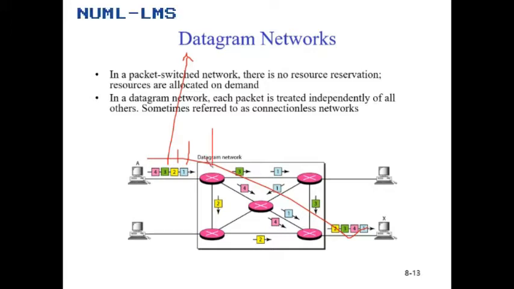You can see here the switch element is a router because we are showing you that this is a layer 3 network. We briefly discussed datagram networks here as a comparison with circuit switch and virtual circuit switch networks. We will talk about these things later in other chapters. The figure here shows the datagram approach used to deliver 4 packets from station A to station X. So 1, 2, 3 and 4 packets are being transferred.